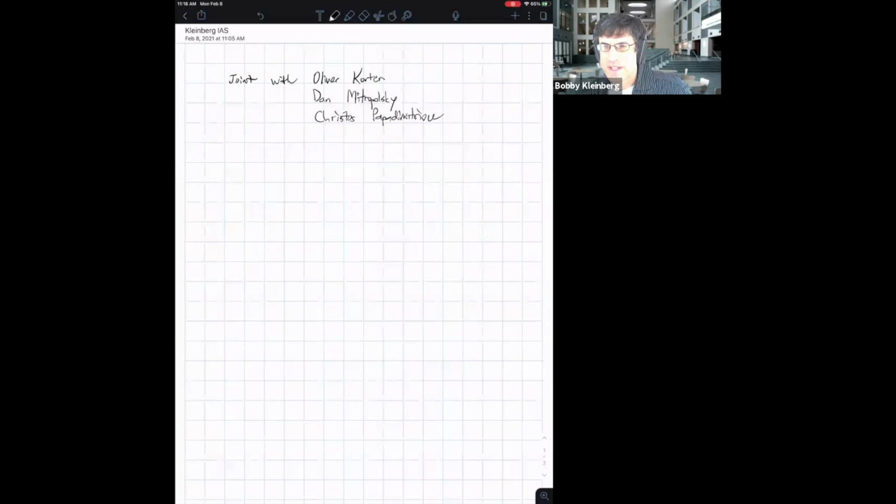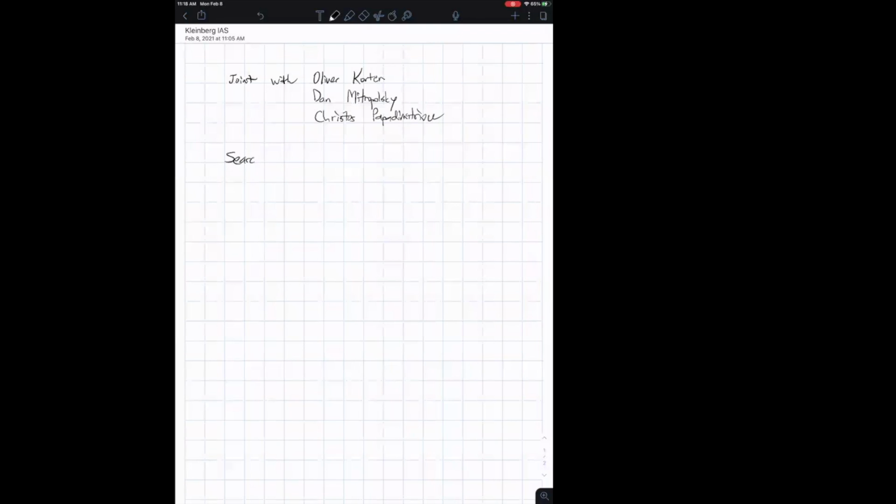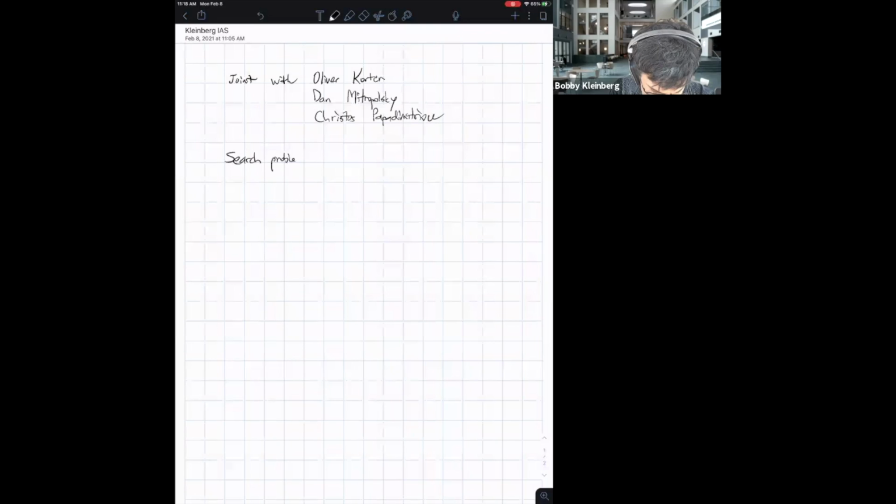Okay, so in general, what is a search problem? A search problem is any computational problem where you're given an input string X, and you need to find a string Y such that some logical formula phi of xy holds.